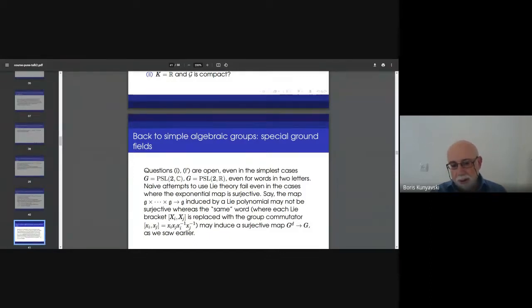And the point is that informally, somebody told me that the whole point is in the fact that the group commutator and the Lie bracket are different things. If you work with simple Lie groups and simple Lie algebras, the correspondence may work well if you are in the setup of nilpotent Lie groups, nilpotent Lie algebras.